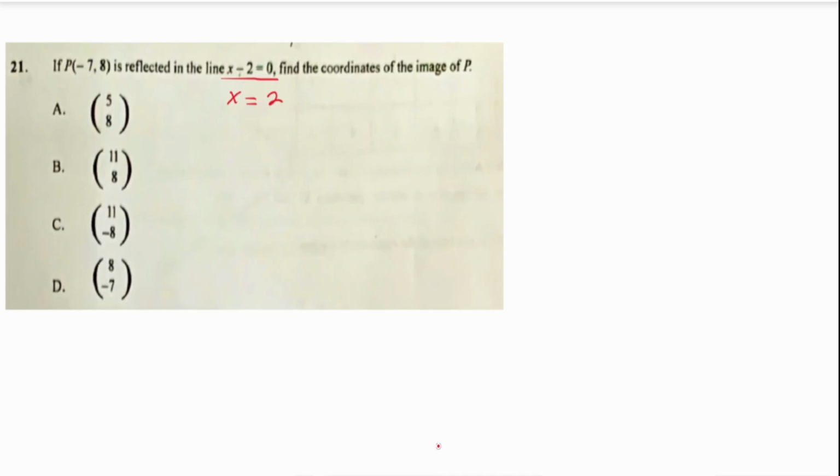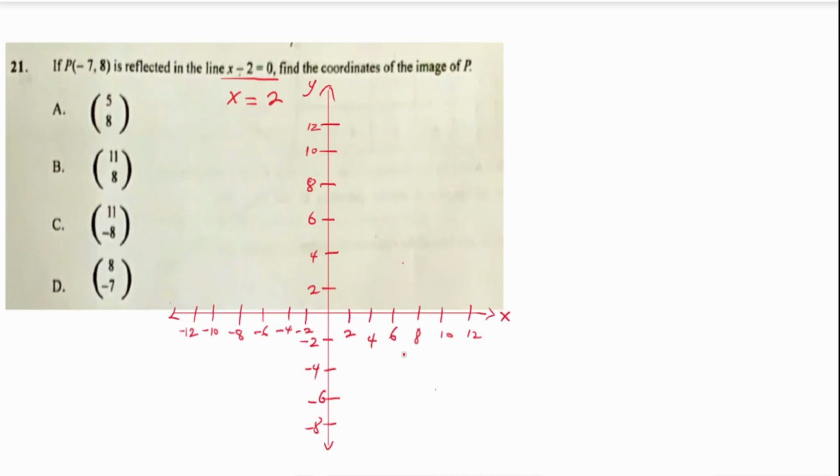Having my Cartesian plane. Here you have my Cartesian plane, and then we have the point P to be -7, 8. So -7 will be between -6 and -8 on the x-axis. So somewhere here, let me put P here. Good. And then that is reflecting over the line x equal to 2.